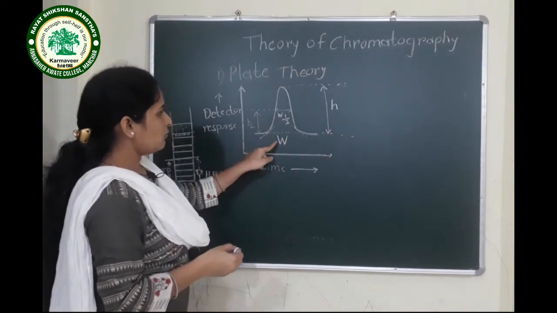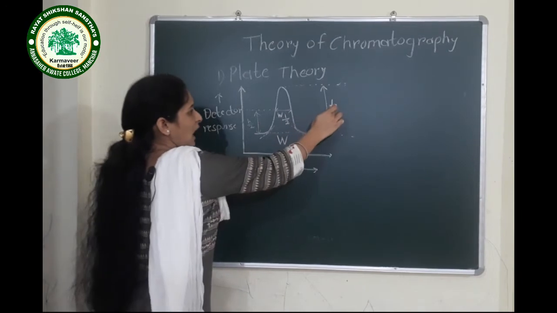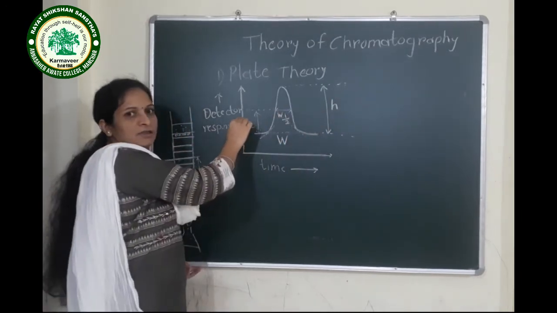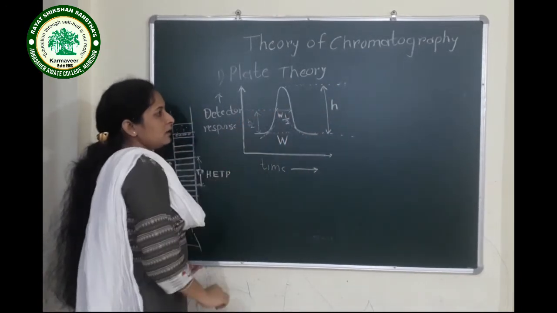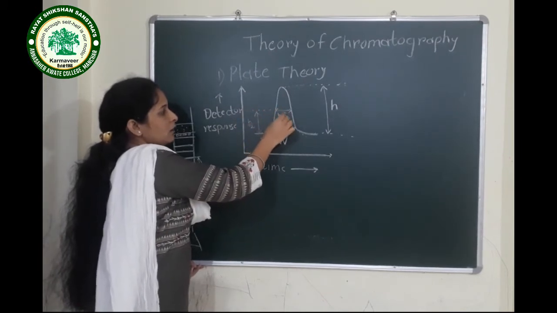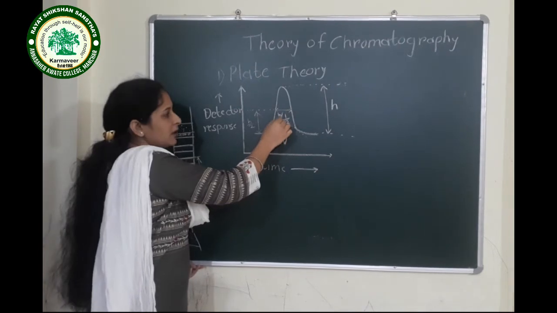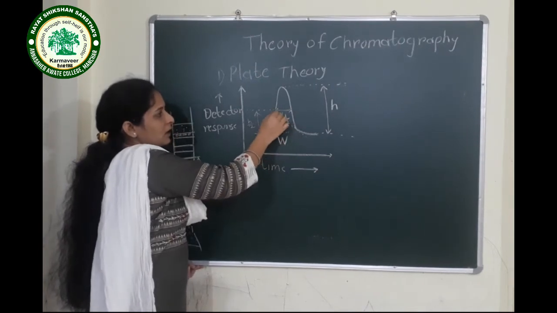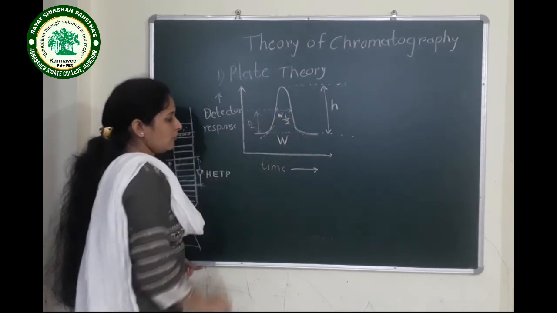W is the width of the peak. H is the height of the peak. H half is the half height of the peak. From this half height we can draw the line so that we can get the W half. At the half height we obtain the W half.